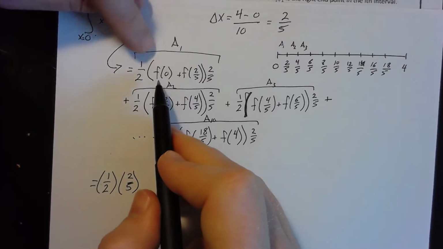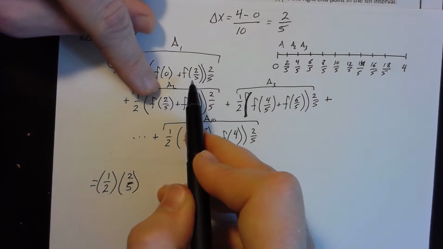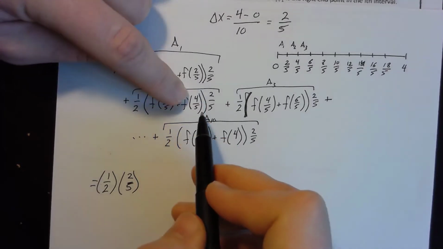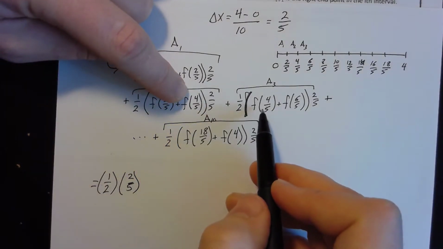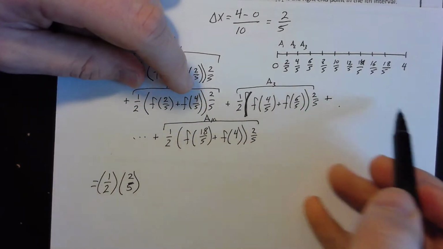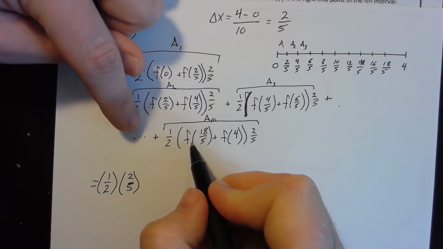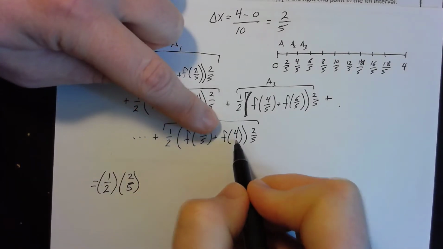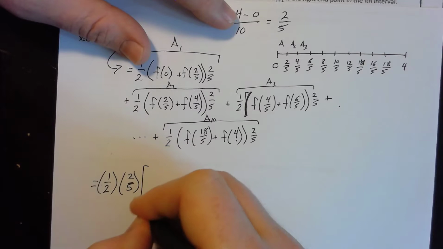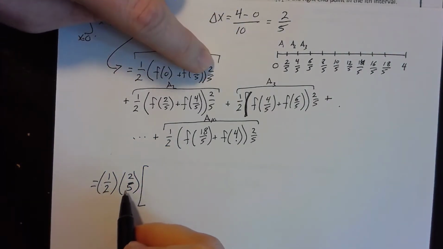It leaves me with 1 f of 0, but you'll notice I have two different f of 2/5. Secondly, I have 2 f of 4/5, 2 f of 6/5, and so on and so forth until you get to f of 18/5, which will have one in the previous step, and then finally f of 4 all by itself.